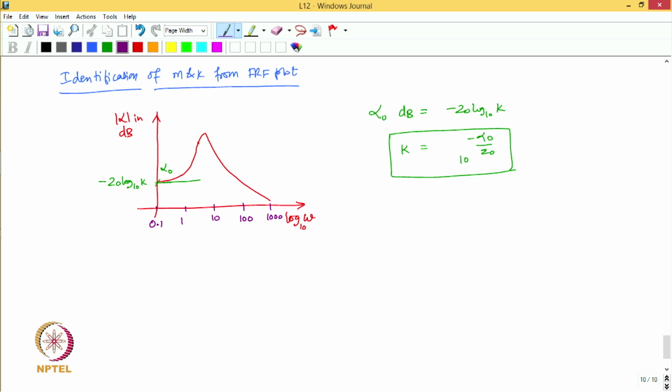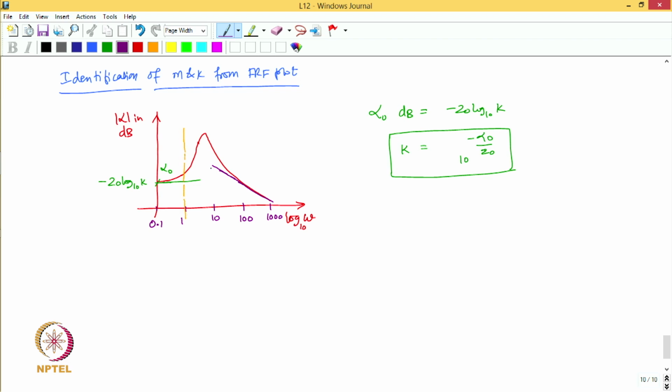Now we can plot here an asymptote which has a slope of minus 40 dB per decade, and let us say that asymptote is this. And then we should see where this asymptote intersects the ordinate at omega equal to 1.